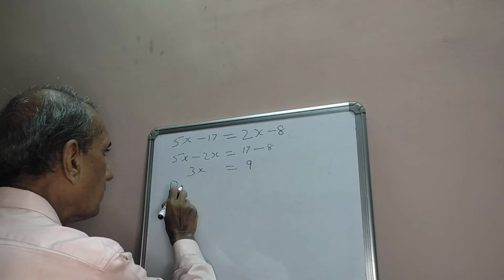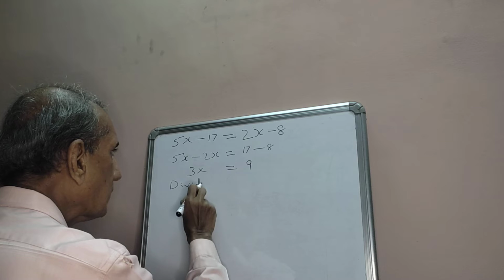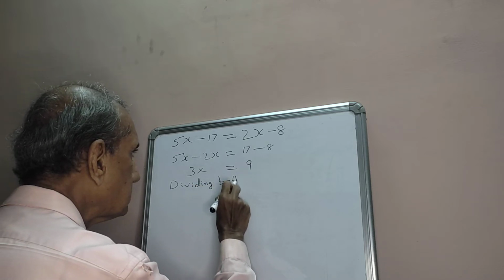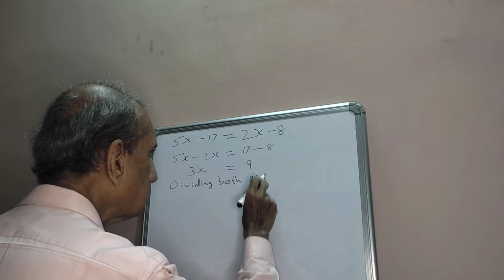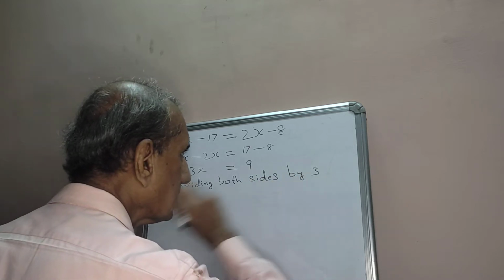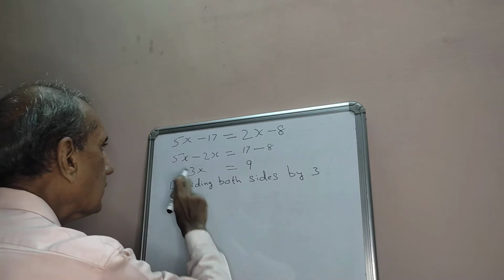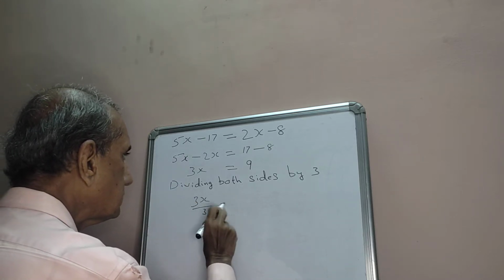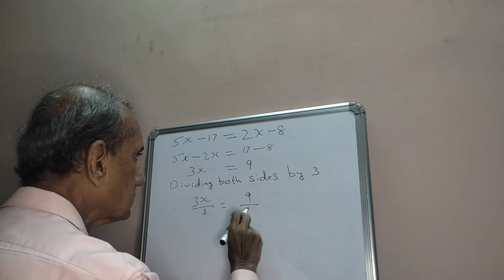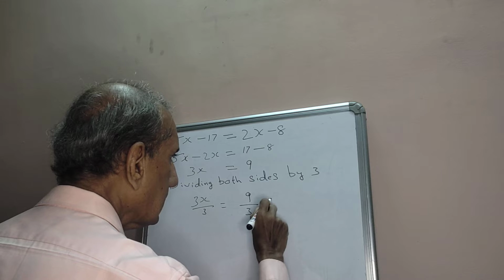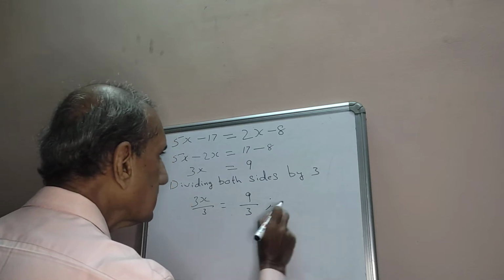Now what do you do? You divide both sides by 3. Okay. What do you get? 3 and 3 get cancelled.